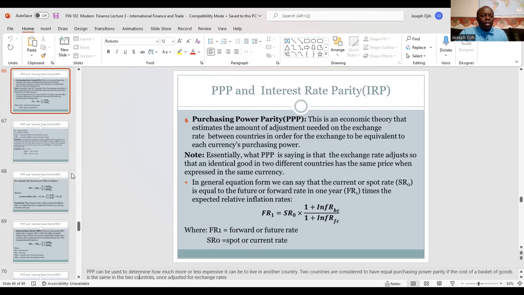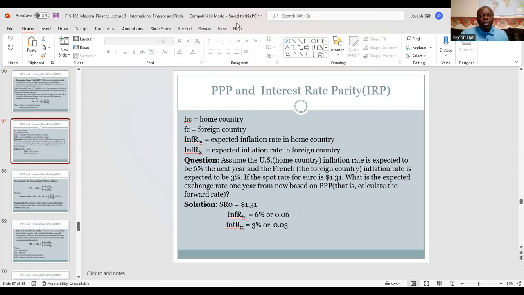The other things that are part of the formula, INF R subscript HC and this one here, are explained as follows. I hope you can see my screen. HC means home country and FC means foreign country.